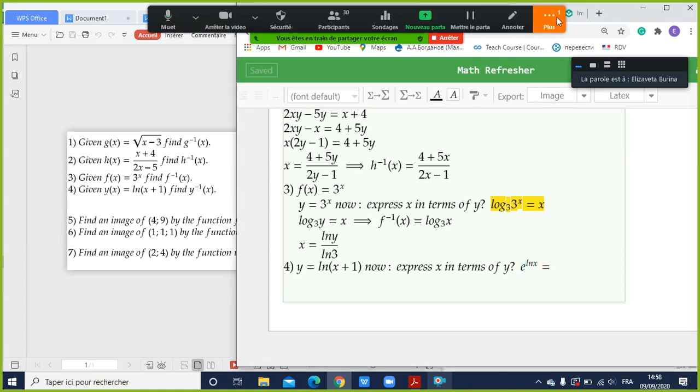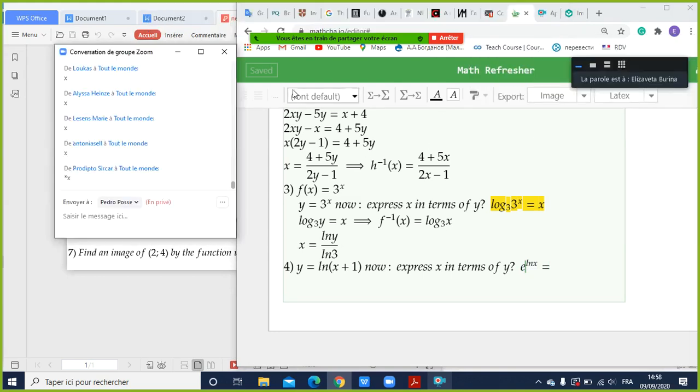Because what is written here? So e is raised to a power, of a power to which e is supposed to be raised to get x. So here the exponent is saying this is the power to which we're supposed to raise e to get x.